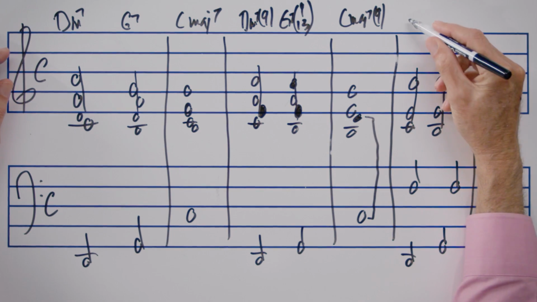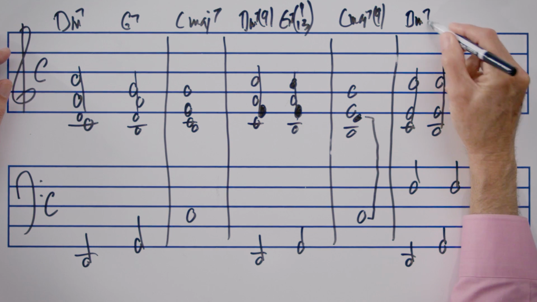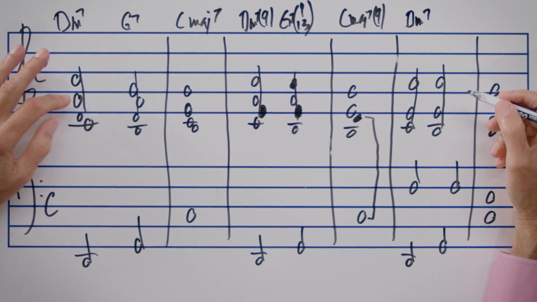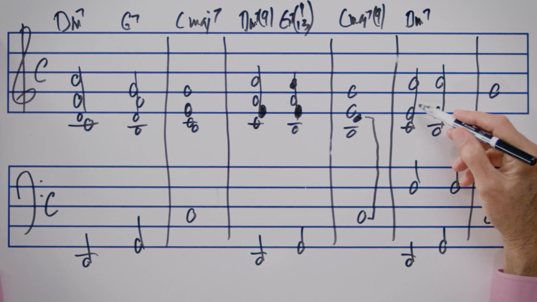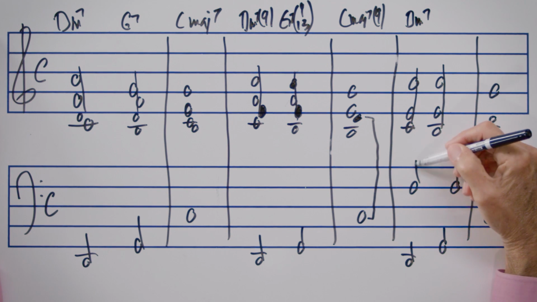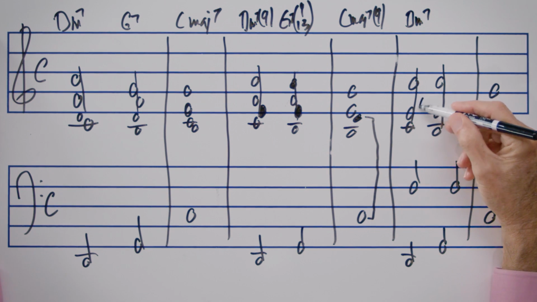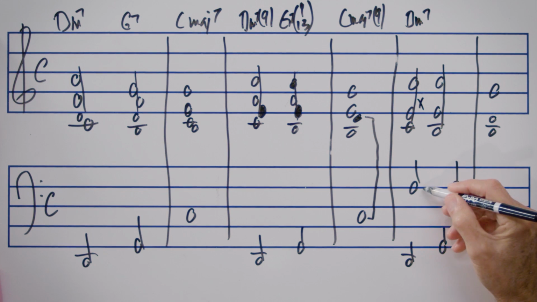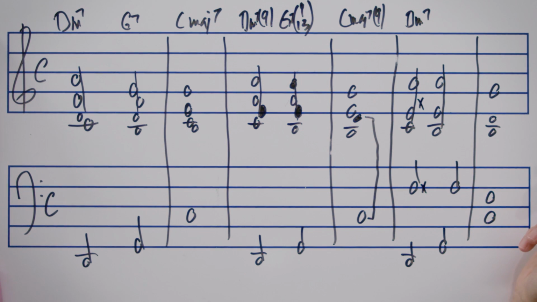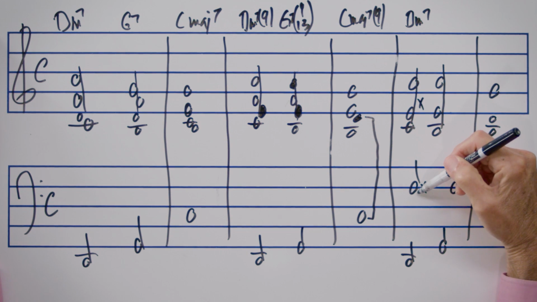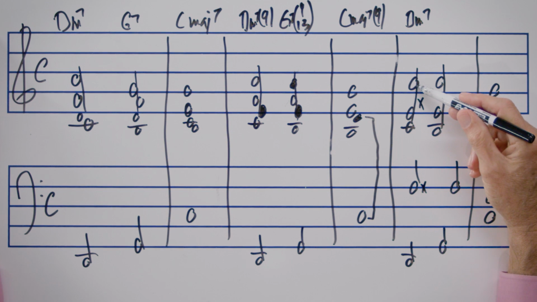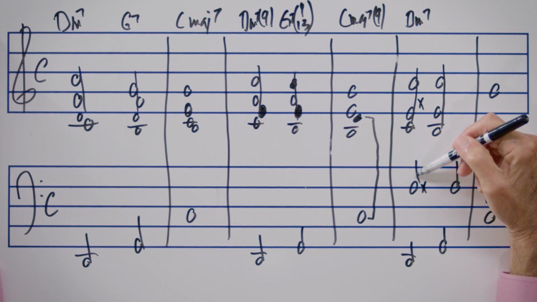So the second voice of our D minor 7, as you see here in both cases, was the note F. So what we do is we take that note F and drop it 1 octave. So instead of being this F, we drop it 1 octave to this F. And so we have our first open position chord in which the F is found in a different octave than the other 3 notes of the chord.